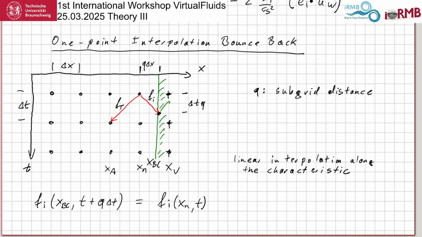So it's 1 minus q times the thing that goes the distance q plus q times what we have here, fi at the virtual node at t plus delta t. So this would be the population that we have here. And this would go at the distance q and will be on the boundary.